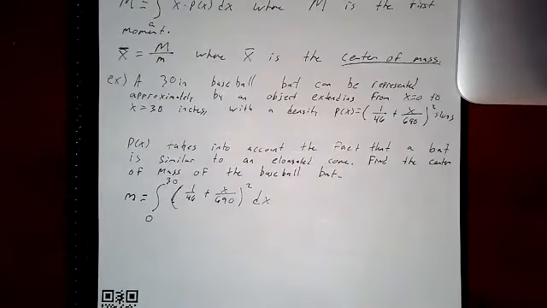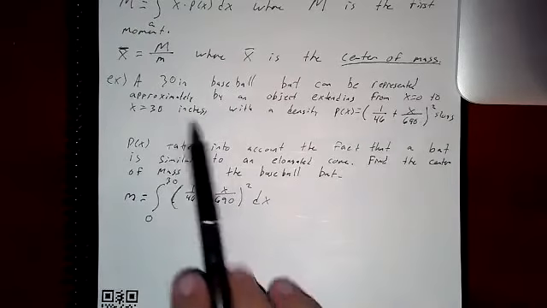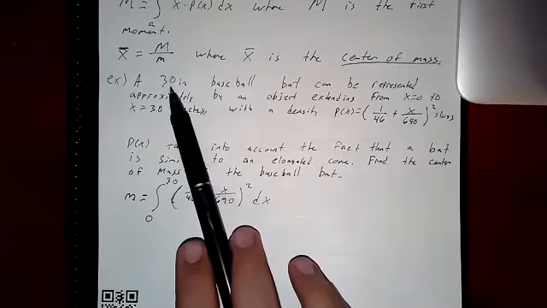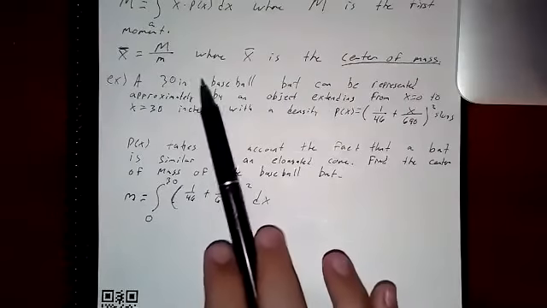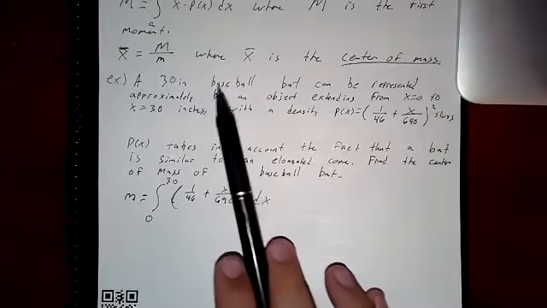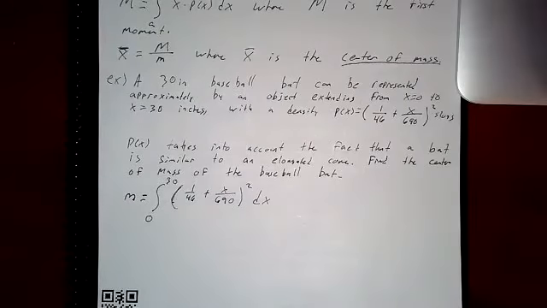They technically gave you this part, but if I didn't write 0 to 30, you would have to understand that the length would be the bat size. That's all they asked for was the center of mass.